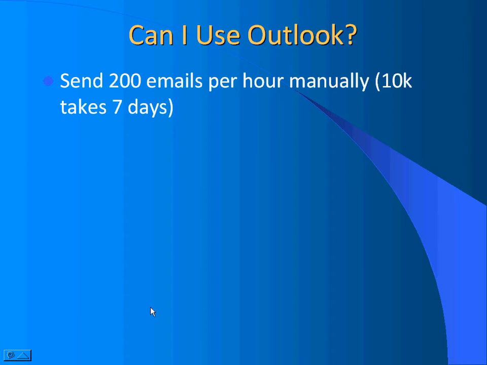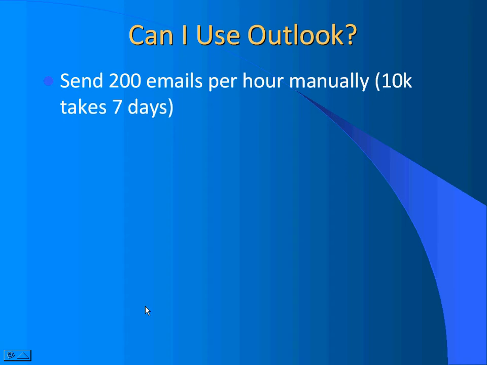We have customers, small customers, big MNC customers, and what they do is their staff break the emails into batches of 200 and send manually every hour, every half an hour, depending. So basically, if you have 10,000 emails, it will take you 7 days, every hour, 8 hours a day. That's if you use Outlook.